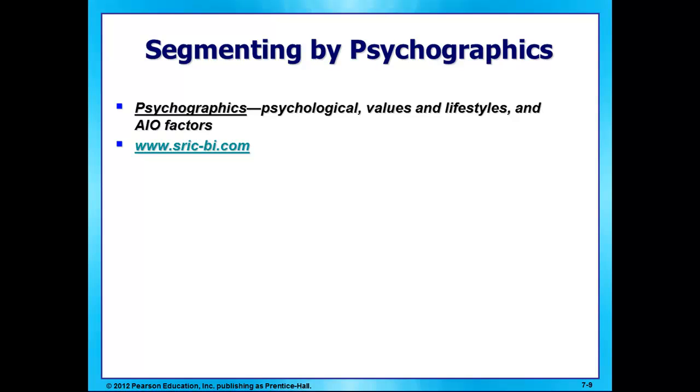The second group of segmentation variables are psychographic variables. Remember that psychographics stands for values and lifestyles, as well as activities, interests, and opinions. We will be using the SRI website for each of you to complete a questionnaire to develop your psychographic profile typology.